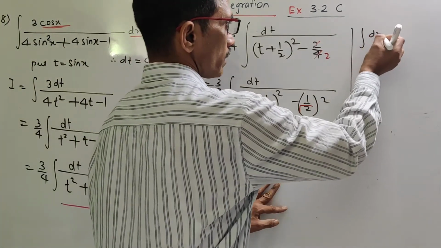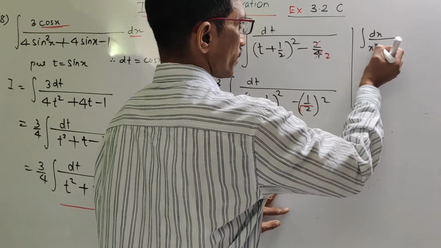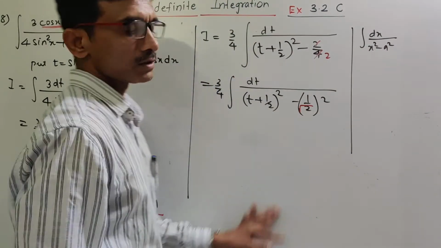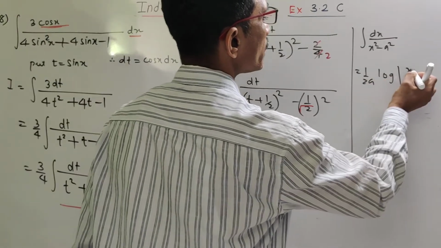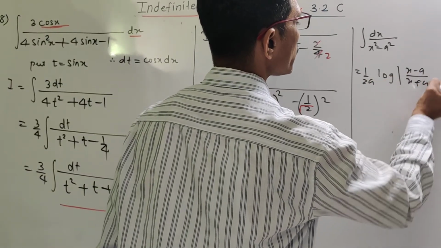We know the formula: dx upon x square minus a square is 1 upon 2a log of (x minus a) upon (x plus a).